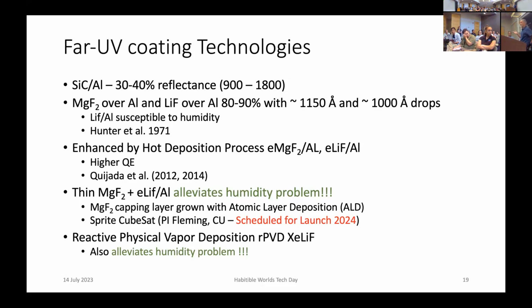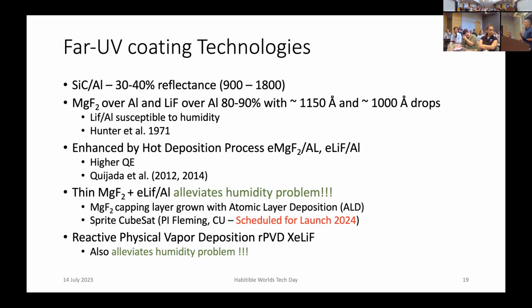And this capping layer is grown by an atomic layer deposition process that they developed at JPL. And they basically have been coating the E-LIF mirrors at Goddard and then shipping them across the country, and then we go ahead and do the ALD deposition there.